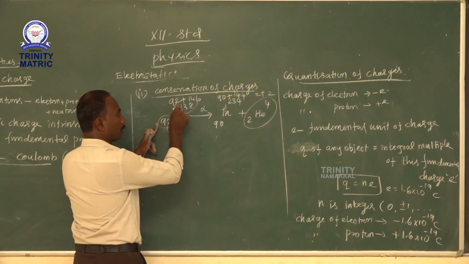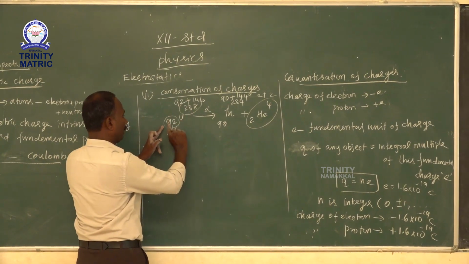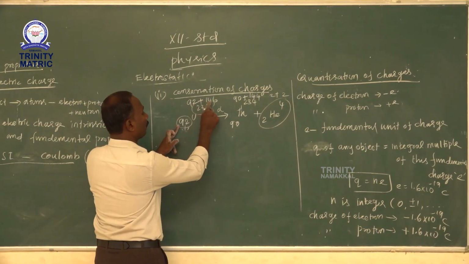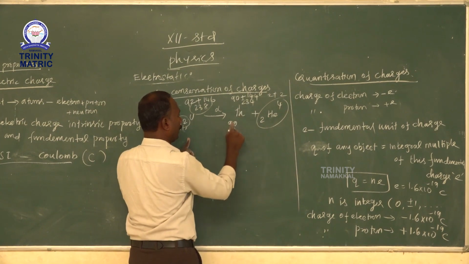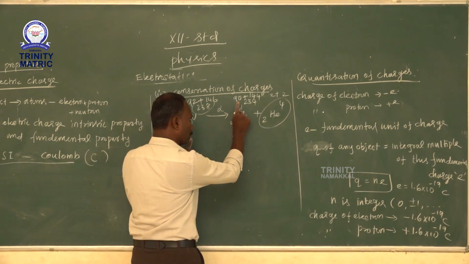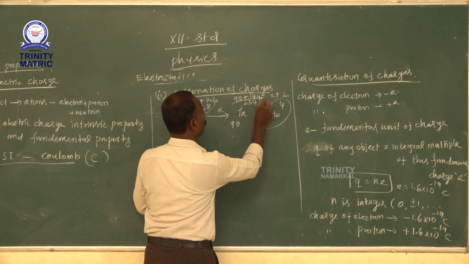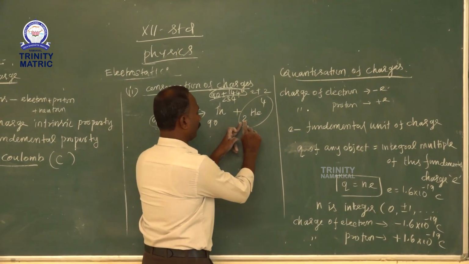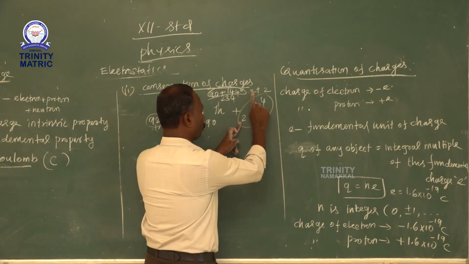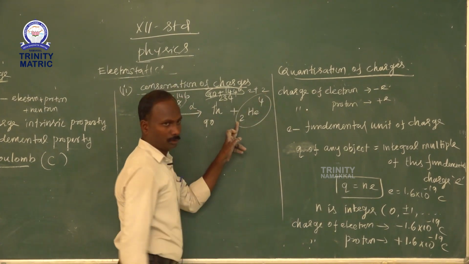That means 92 protons plus 146 neutrons. Here thorium has 90 electrons, 90 protons, 144 neutrons. Here, number of electrons 2, number of protons 2, number of neutrons 2.